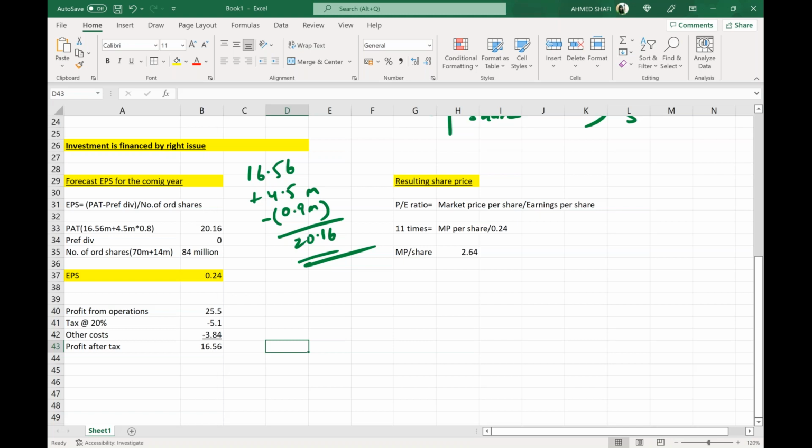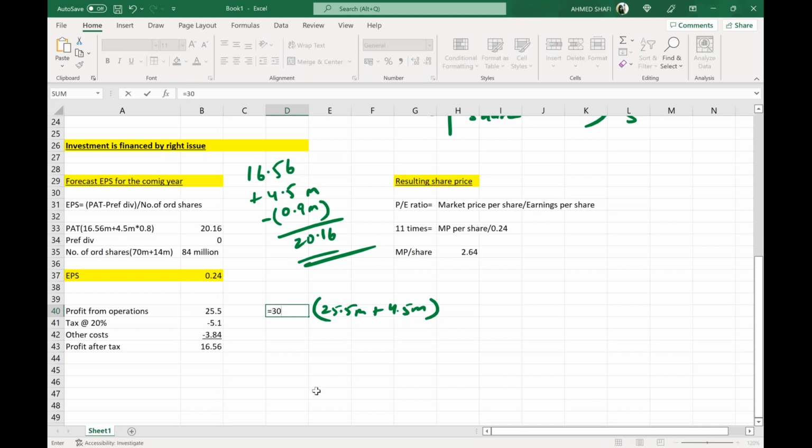Now, due to this investment, please pay attention. It's saying that profit from operations increases by 4.5 million. So if the profit from operations of 25.5 million increases by 4.5 million, this figure should become 30 for the coming year.